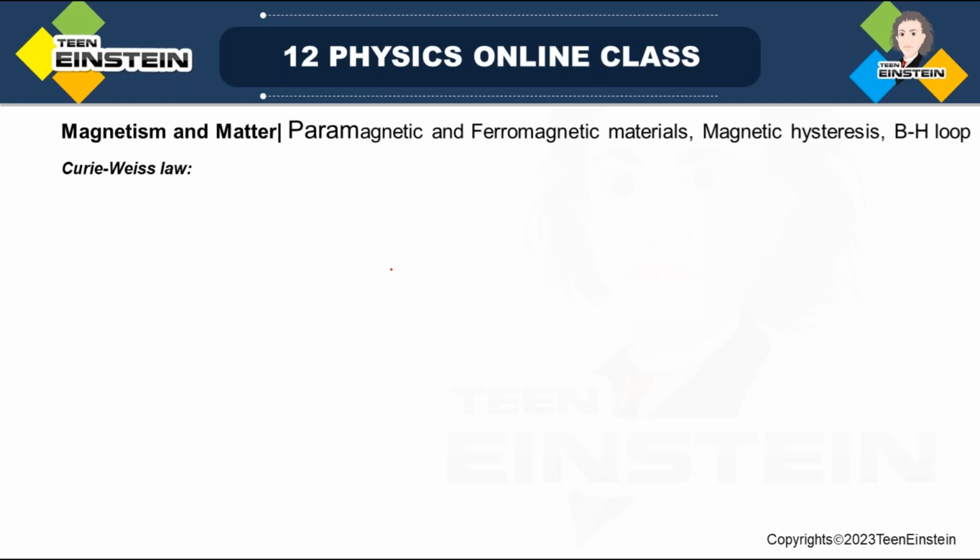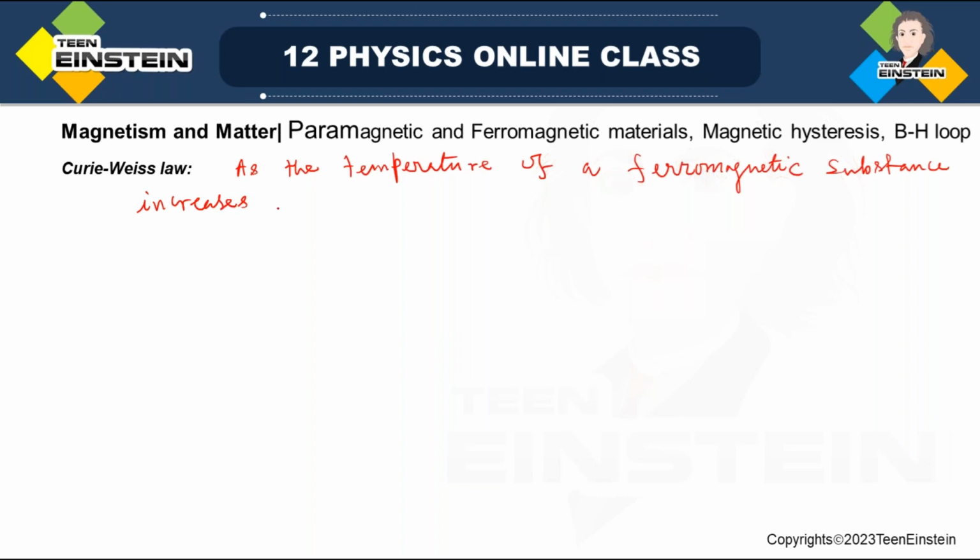Experimentally it is seen that as the temperature of a ferromagnetic substance increases, the net magnetization decreases.